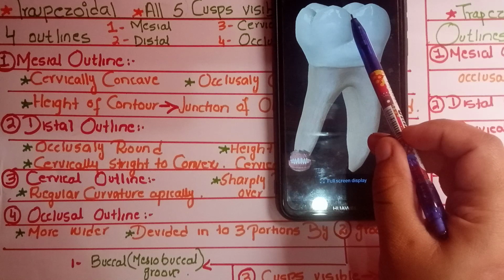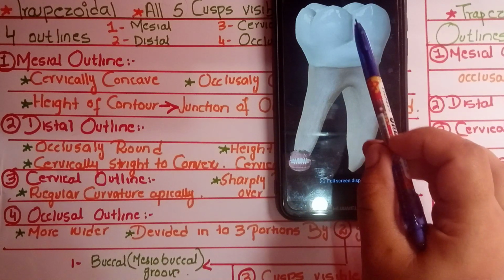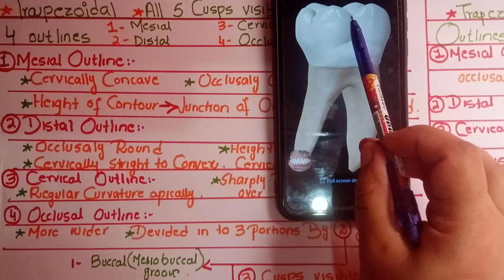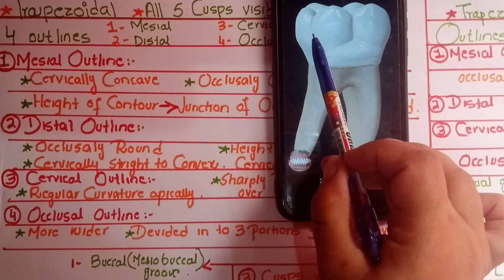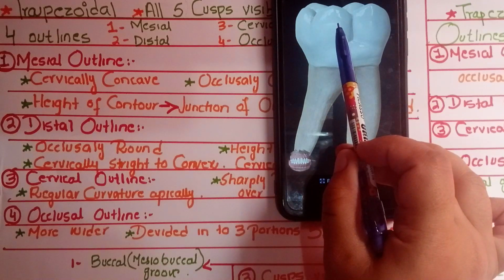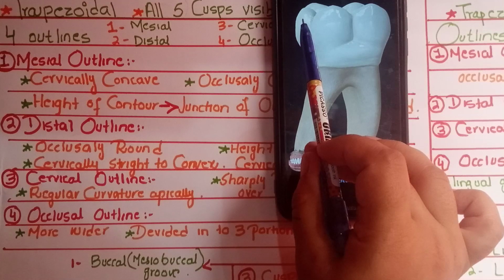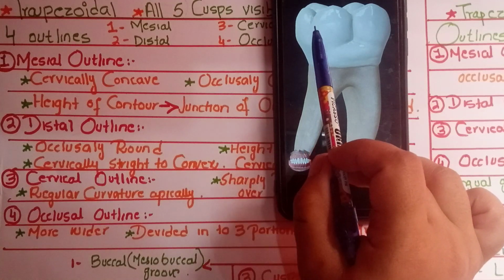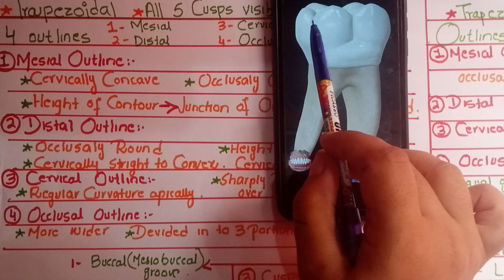The first one is the central groove, known as the buccal groove, or the mesiobuccal groove, and the groove which divides the distobuccal cusp from the distal cusp is known as the distobuccal groove.